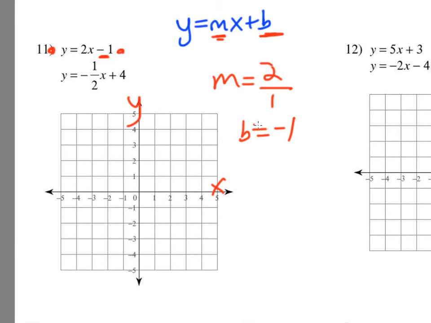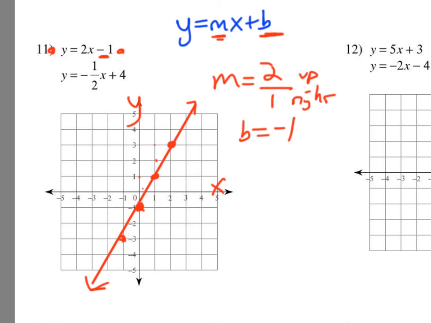So for this first one, you begin at negative 1 on the y-axis, not the x-axis, and then you move. You go up 2, right 1, up 2, right 1, or down 2, left 1, down 2, left 1. Something like that.